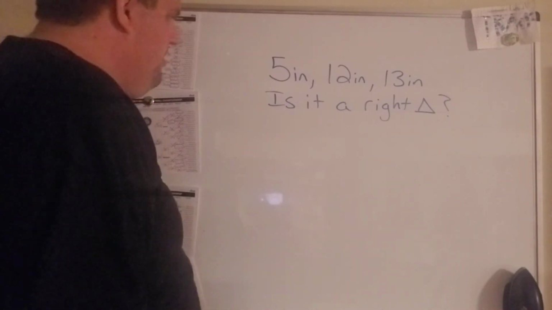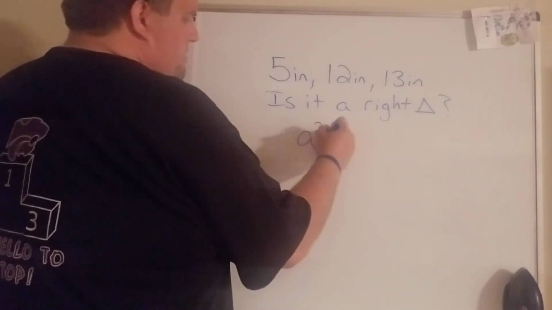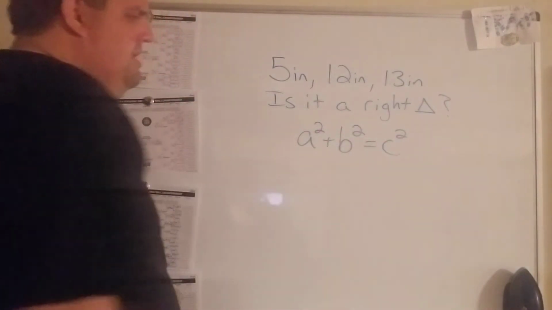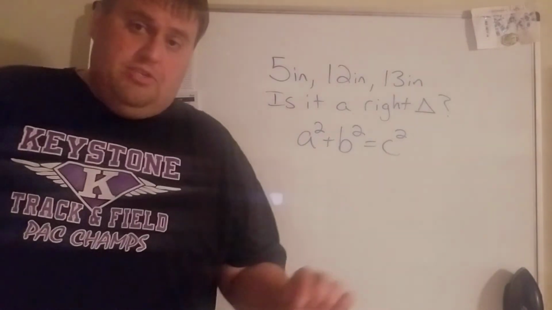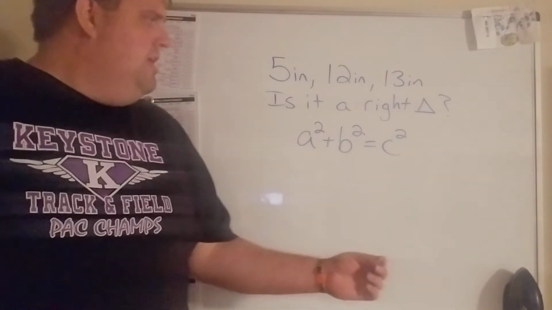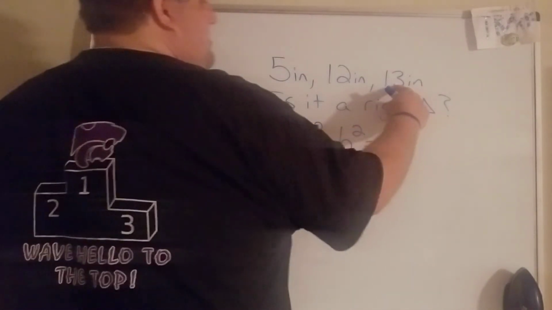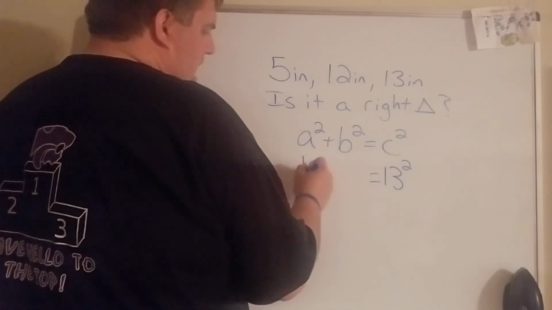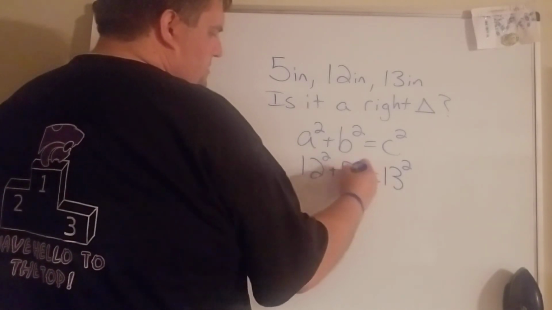Same idea. We're going to set up a squared plus b squared equals c squared. But you've got to be careful what goes in where. If this is a right triangle, the longest side has to be the c. So you find the longest side, that's 13. It has to go on this side. The other two don't really matter. 12 squared and 5 squared.